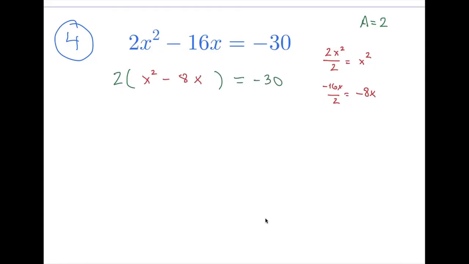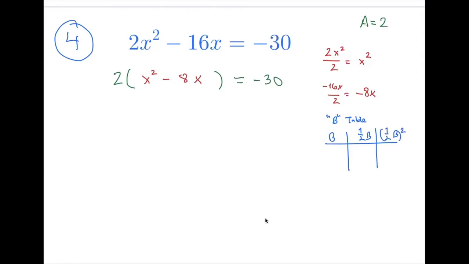Now, because the inside of the parentheses has an A equal to 1, we can go ahead and work on our B table to determine what needs to be added. I'll just do the work right here. I'll write B table once again, and you make your 3 headings: B, 1/2 of B, and 1/2 of B squared.